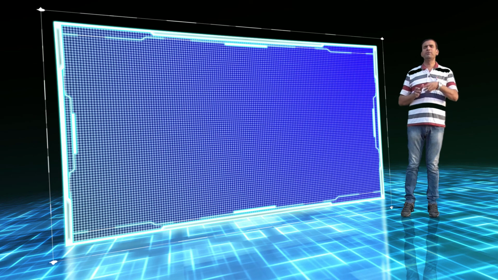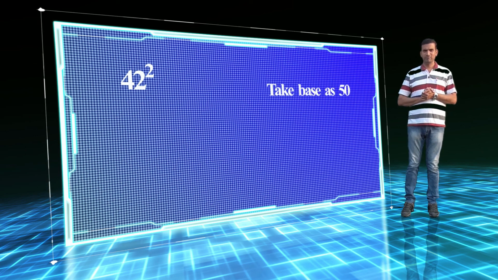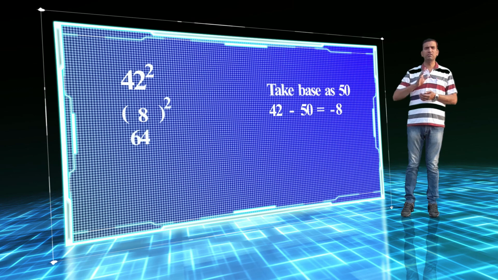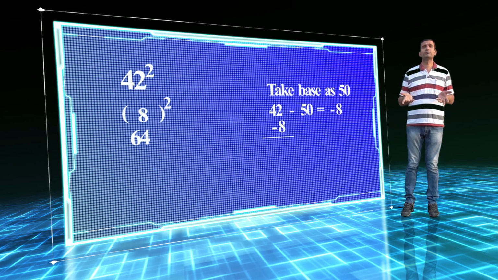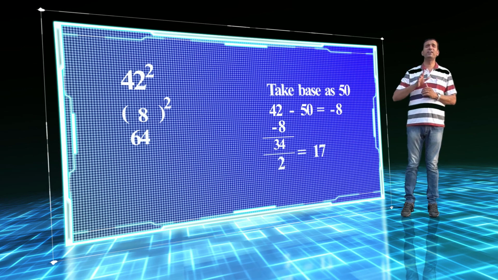Or consider 42 squared. Take 50 as the base here. It is 8 less than the base. 8 squared is 16. As it is less than the base, you should subtract. 42 minus 8 equals 34. Now, instead of 100, you are taking 50 as the base, which is half of that, so half of 34 equals 17.